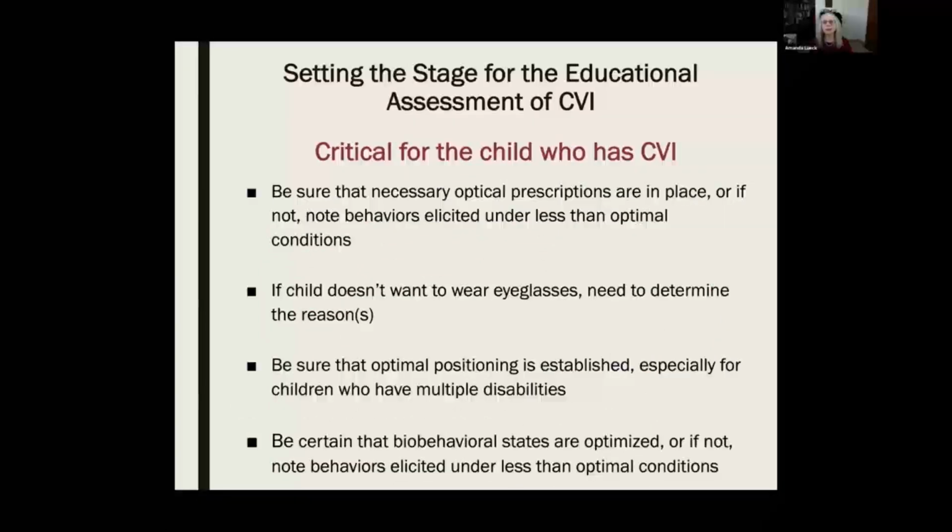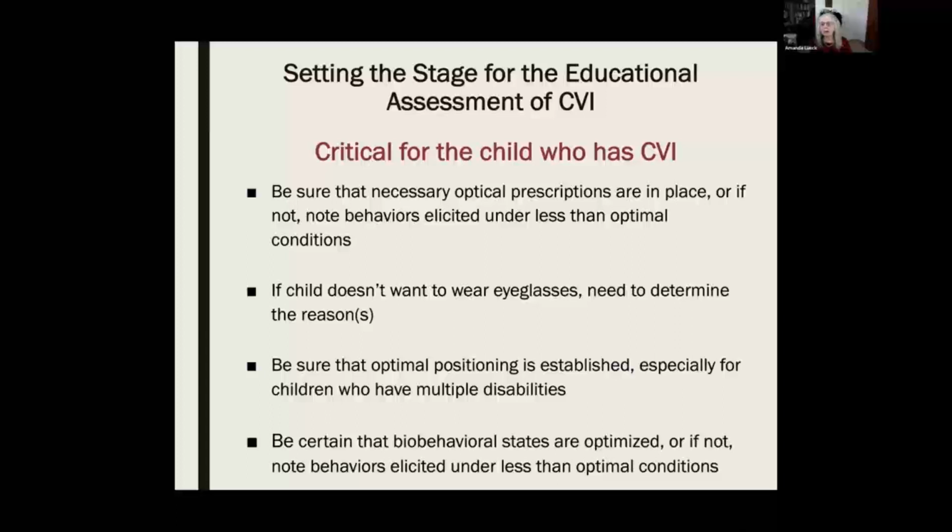So, setting the stage for educational assessment of children with CVI, it's critical to be sure that necessary optical prescriptions are in place, or if not, note behaviors elicited under less than optimal conditions.